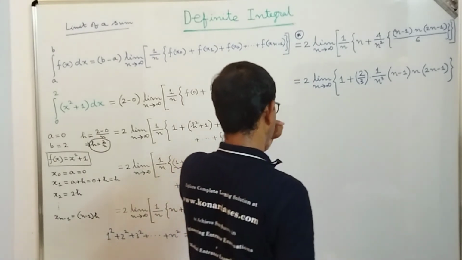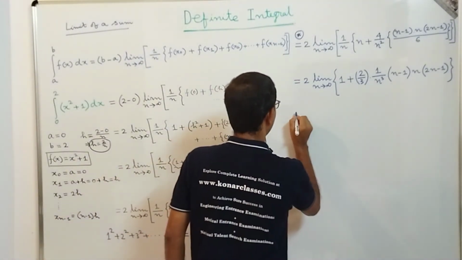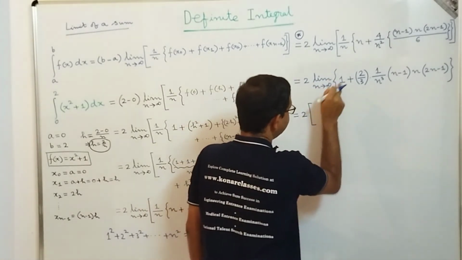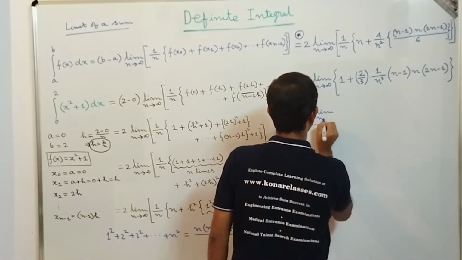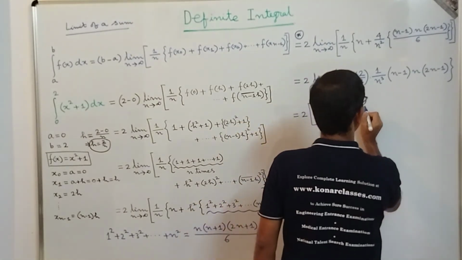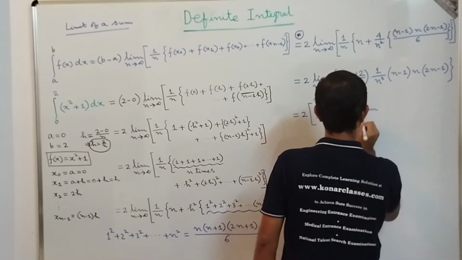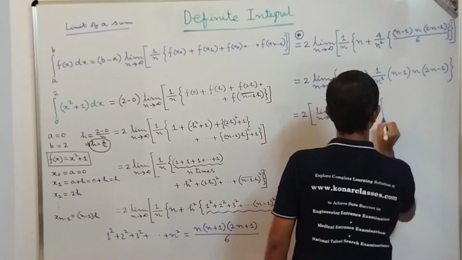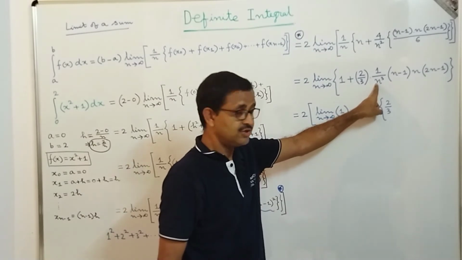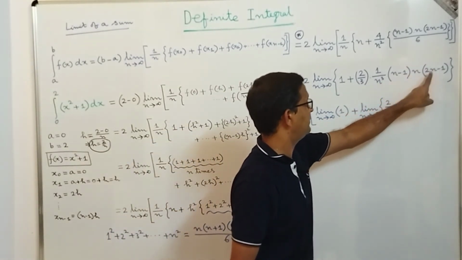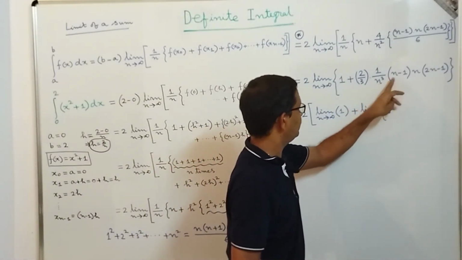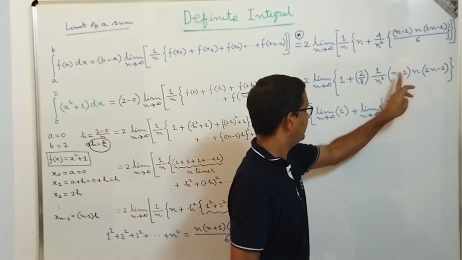Correct, dear students? So then this is equal to 2 into, we are bringing that limit inside, limit n tends to infinity of 1 plus 2 by 3 into, since n cube is there now, we are dividing n cube across the factors. So we are multiplying 1 by n with this one, 1 by n with this one, and 1 by n with this one.